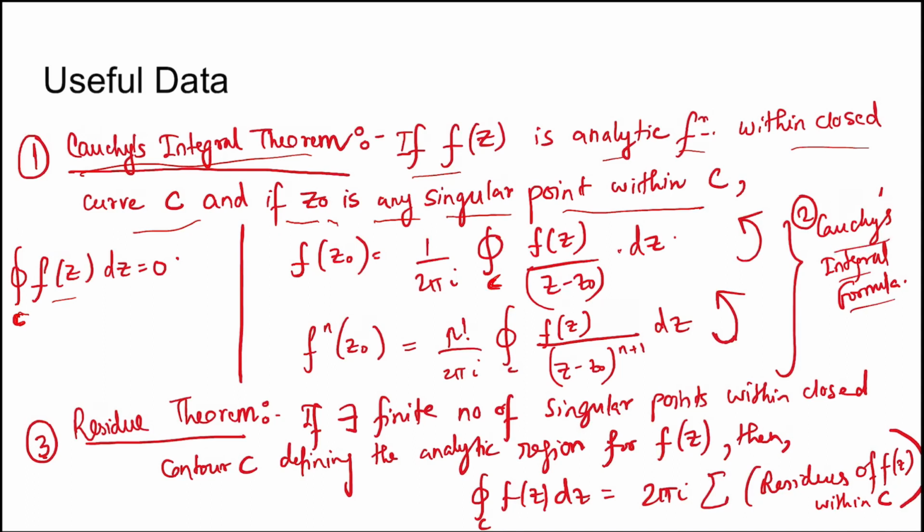This is Cauchy's integral formula, and the nth derivative at z naught is n factorial divided by 2 pi I closed loop integration over C of f of z by z minus z naught whole to the power n plus 1 dz.